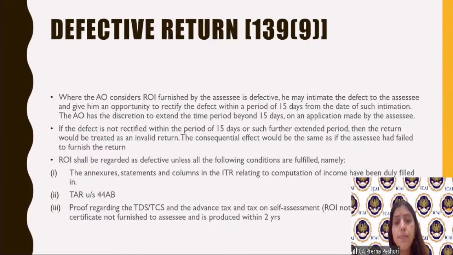Every person, if his total income exceeds the basic exemption limit, is required to obtain the PAN by applying on or before 31st May of the assessment year for which the income is going to be assessed. Let me just open this section from the module so that all of you can see.